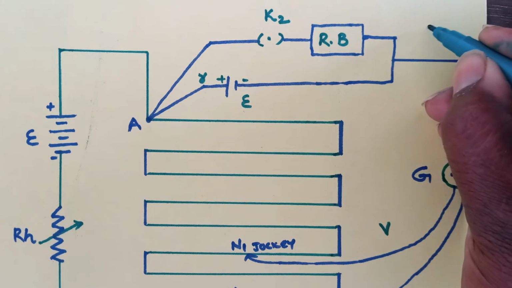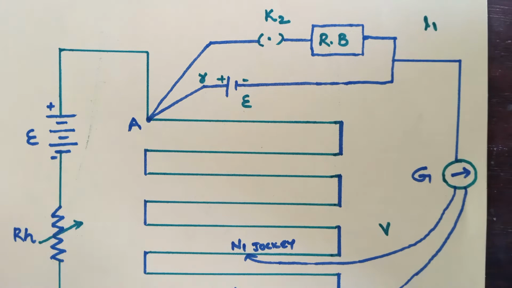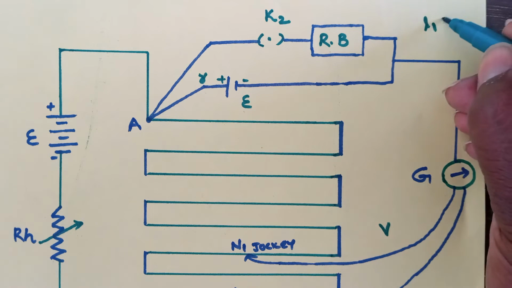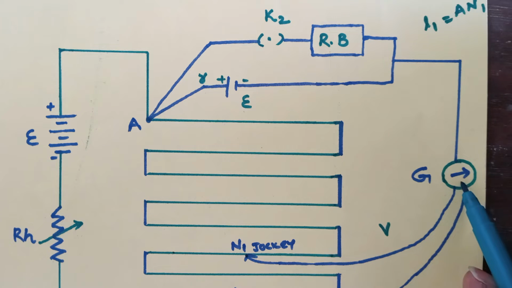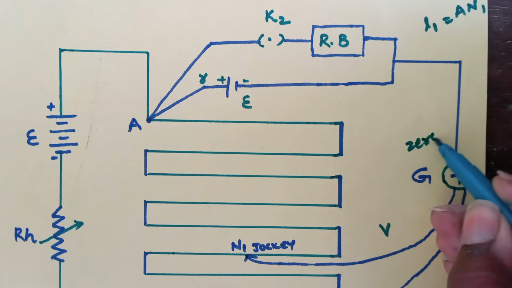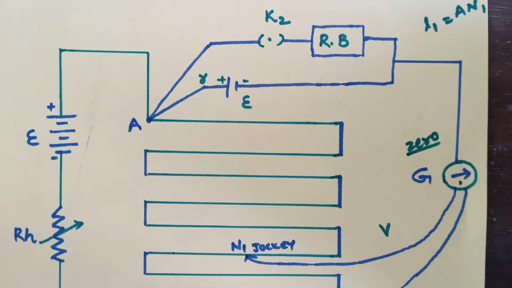Now let L1 be the length of the first balancing point AN1. First we have to touch the jockey at various places on the potentiometer wire until the galvanometer shows null or zero deflection.